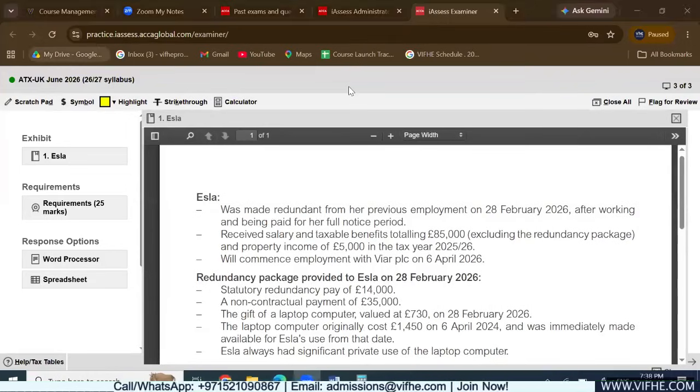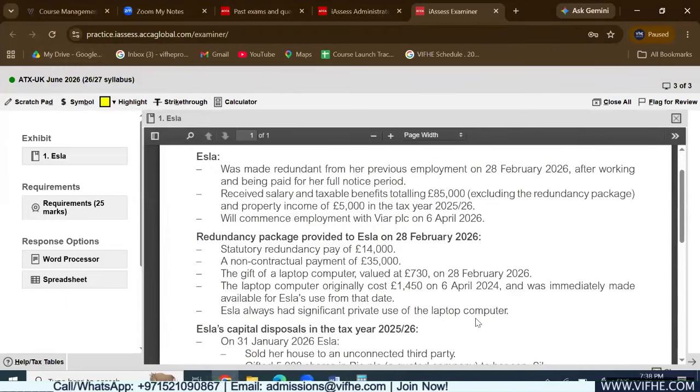Let's have a look at the exhibit. And again, what I've told you before, with question number 2 and question number 3, the exhibit and the requirements are separately placed.